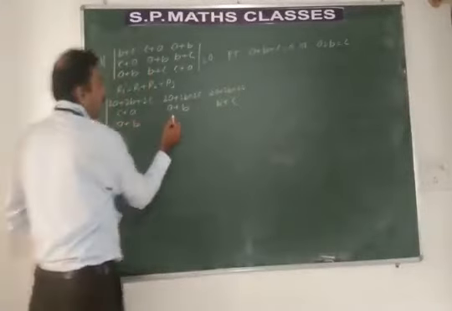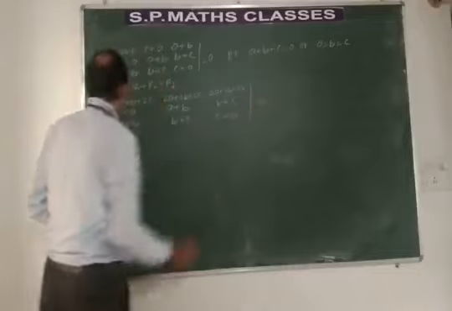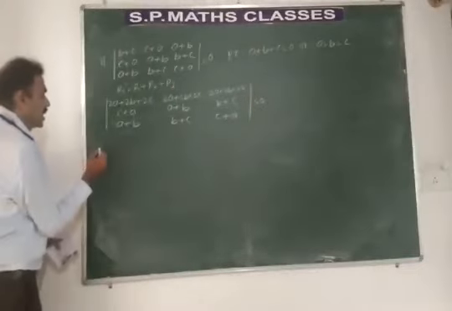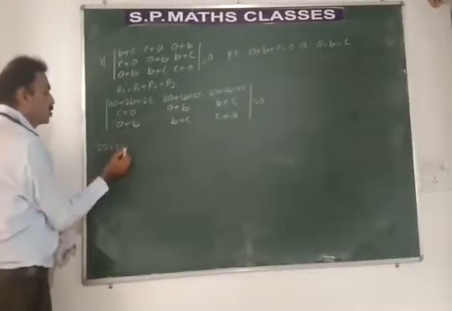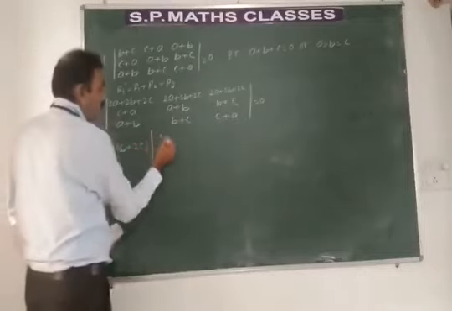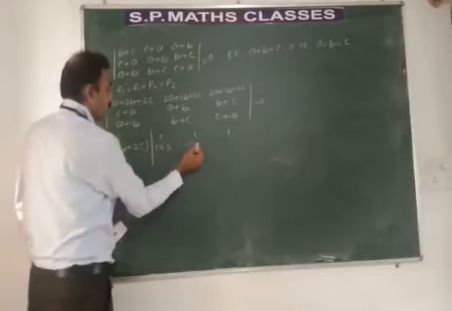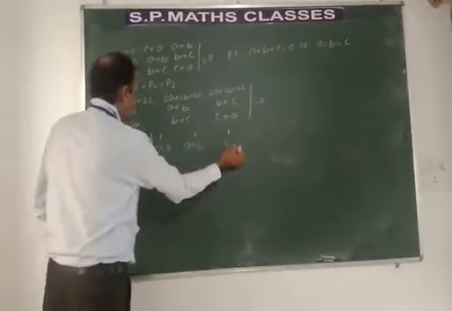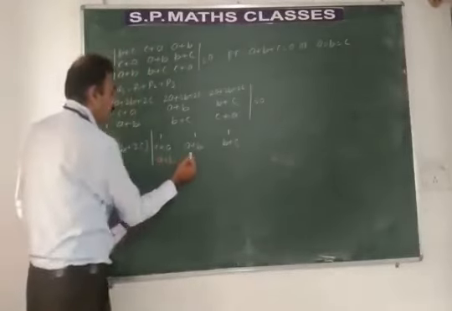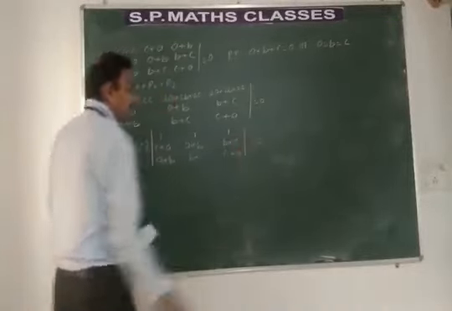Third row, a plus b, b plus c, c plus a. That's equal to 0. Now, shall I take 2a plus 2b plus 2c as common factor from the first row? 1, 1, 1. Here c plus a, a plus b, b plus c; a plus b, b plus c, c plus a is equal to 0.